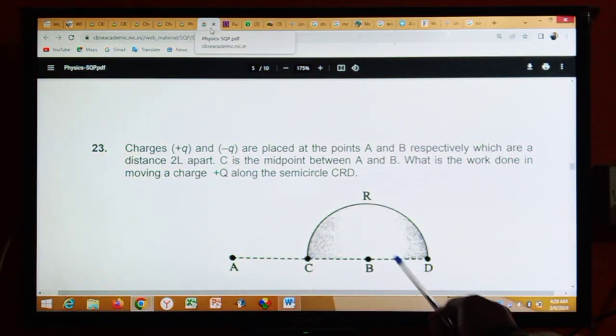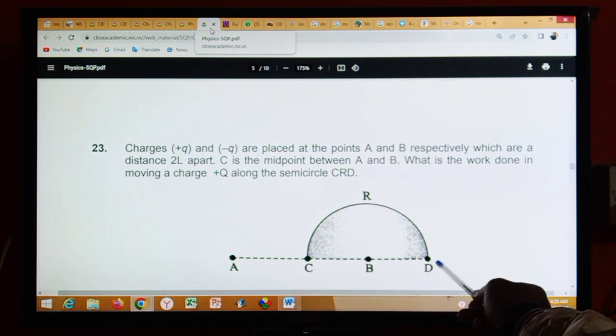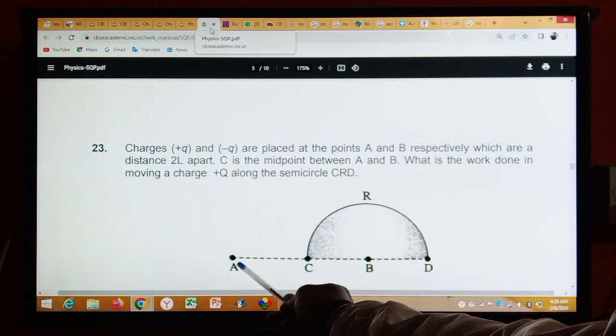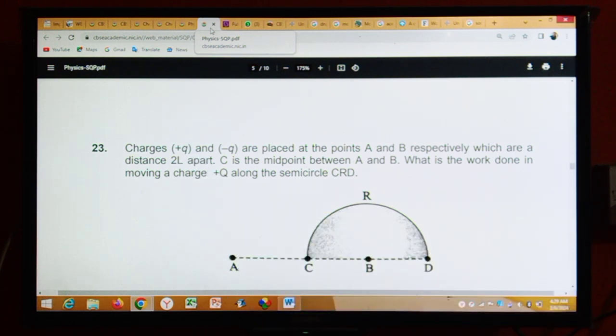Now let's have a look here. In this particular problem, this distance is L, this distance is L, and this must be L because this is a semicircle, right? Here the point charge plus Q has been placed, and here at B minus Q has been placed.